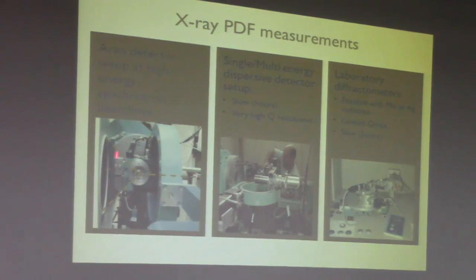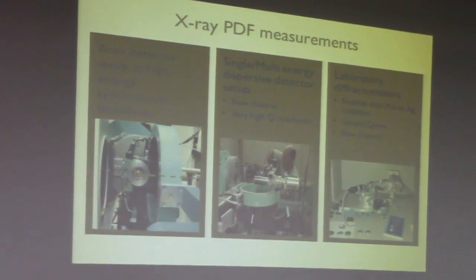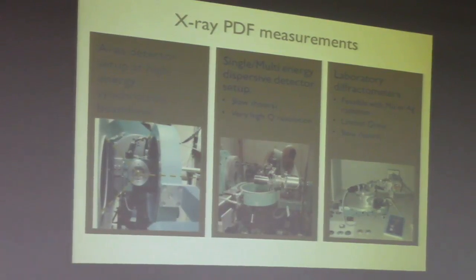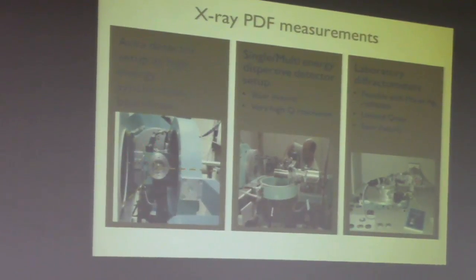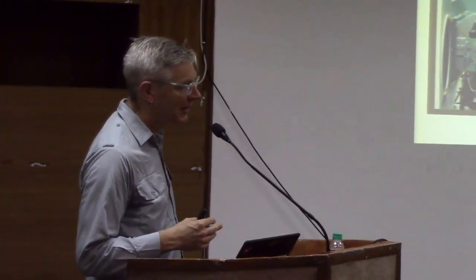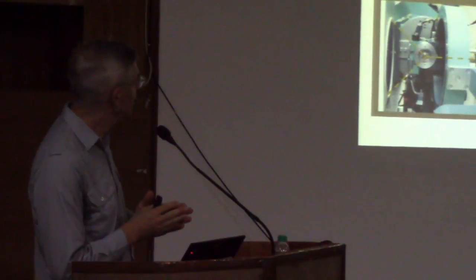We place a sample here, and we place a 2D detector here, just 200 millimeters between the detector and the sample. This gives us low resolution in Q, so low resolution in reciprocal space. We get broad Bragg peaks, but it allows us to very rapidly collect data with very high Q max. So we can collect data over a wide range, but with a low Q resolution.